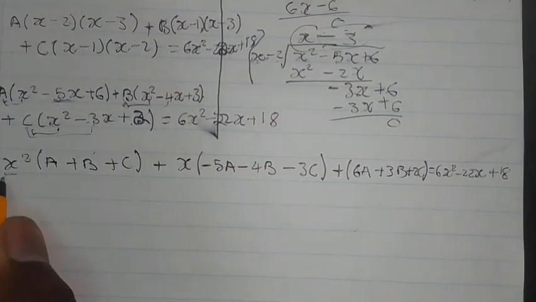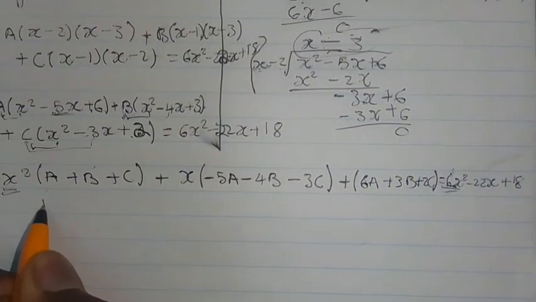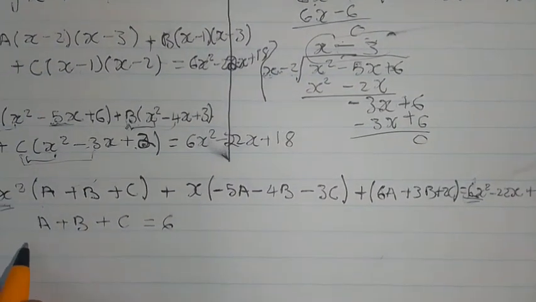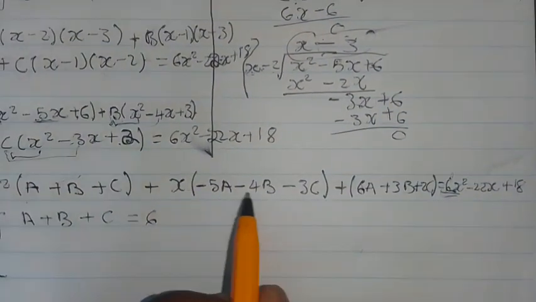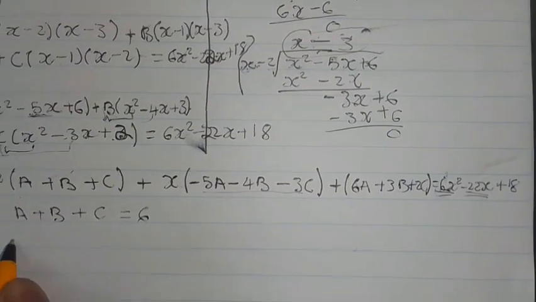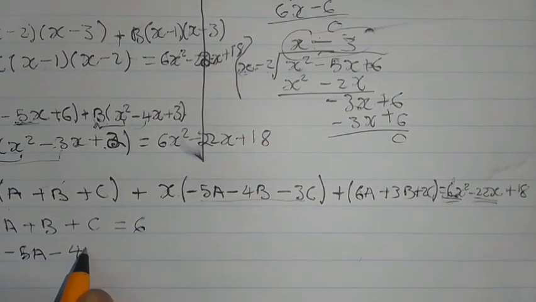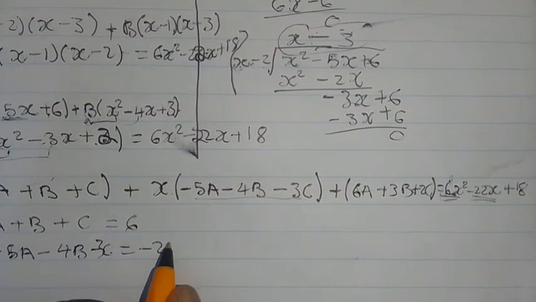Now notice that here we have an x squared term. On this side, the x squared term goes with 6. So that means that a plus b plus c is equal to 6. And then here we have an x term that goes with minus 22. So that means that minus 5a minus 4b minus 3c will go with minus 22.